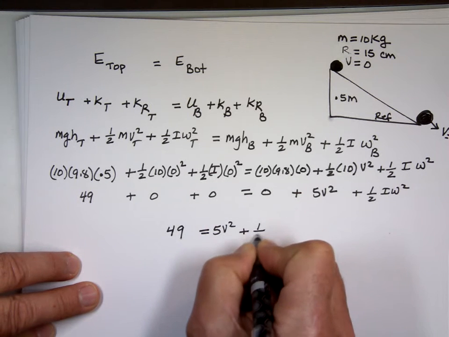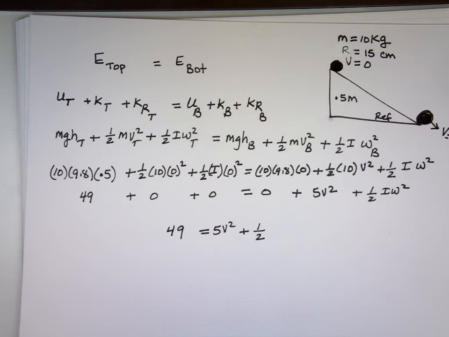But wait a minute, this is a solid disk. Let me look at my cheat sheet. What is the inertia for a solid disk that spins around its center? 1/2 mr squared, right?